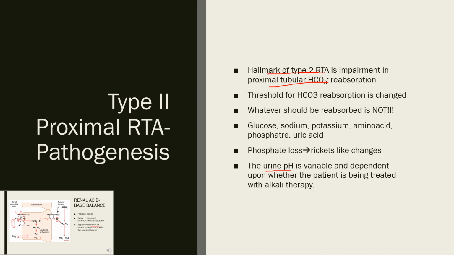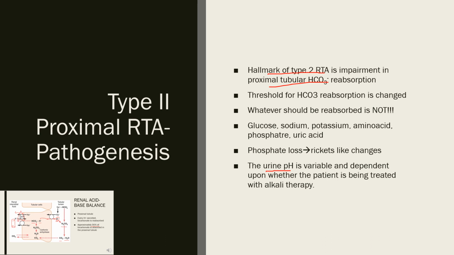Imagine this child is receiving alkali therapy, and because of that the blood bicarbonate level increases to 20, above the threshold. In this case the proximal tubule is not going to reabsorb the bicarbonate and all of it is going to be lost in urine. So the pH can remain alkaline. Suppose this child is not receiving alkali therapy, what happens?